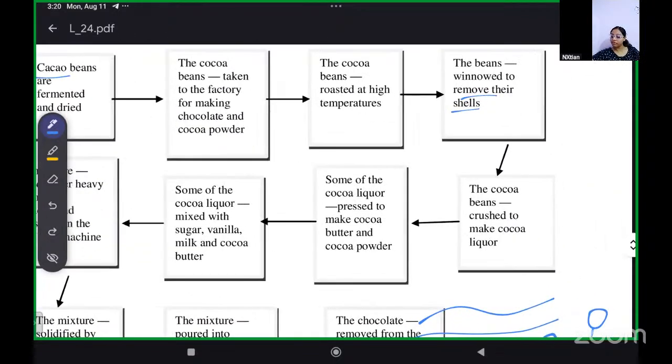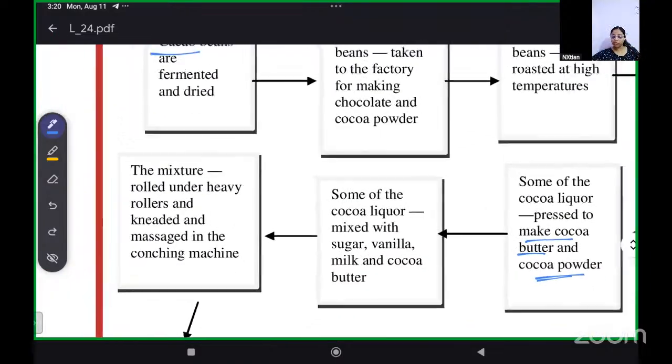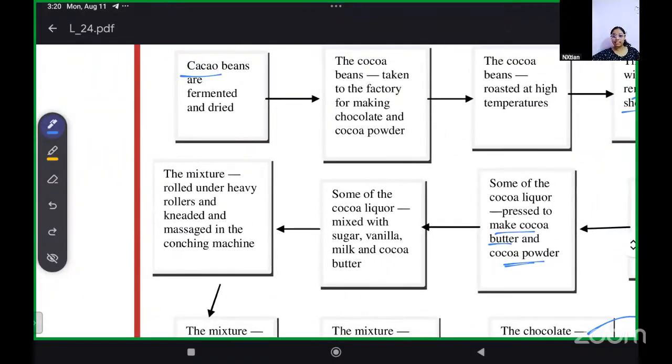Then the cocoa beans are crushed. They are crushed to make cocoa liquor. Now some of the cocoa liquor is pressed to make cocoa butter and cocoa powder. Some of the cocoa liquor, they take it and mix it with sugar, vanilla, milk, and cocoa butter.